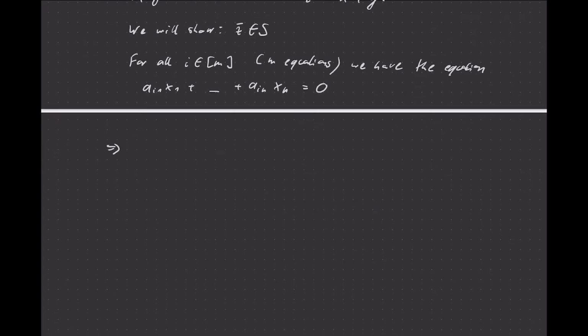What does that mean if we substitute z bar for x? Well, let's see. a i1 z bar 1 plus and so on up to a in z bar n. What is that? Well, z bar is x bar plus y bar. So we can use that first. So z bar 1 is x bar 1 plus y bar 1 and so on.